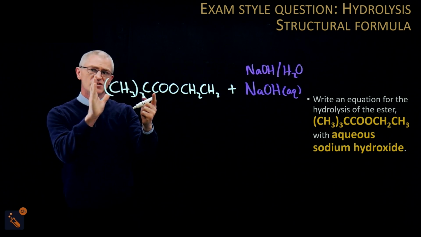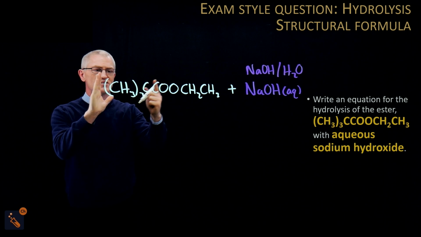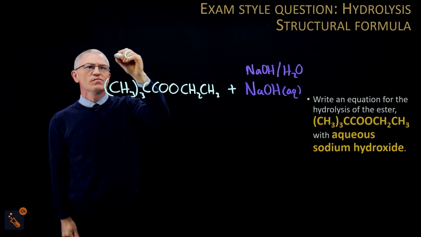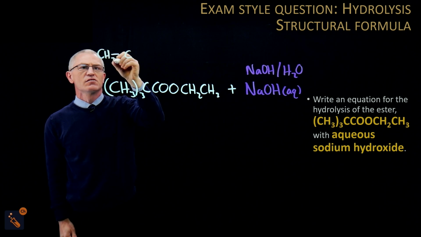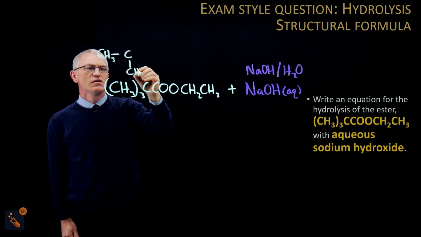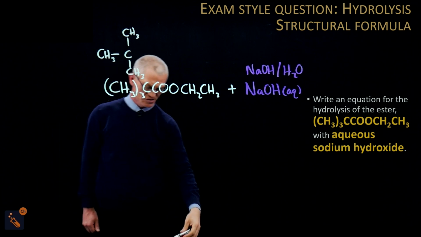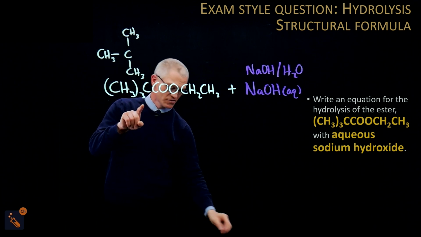Now, just for those of you who are not sure about this formula, it goes from left to right. So if we draw it out in a slightly different way, this is our CH3 that we've got here.